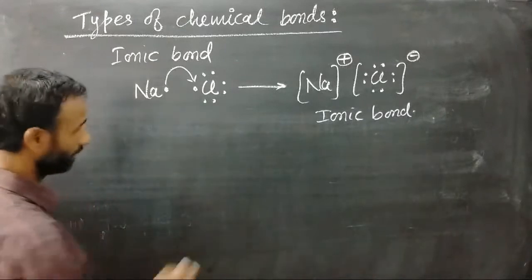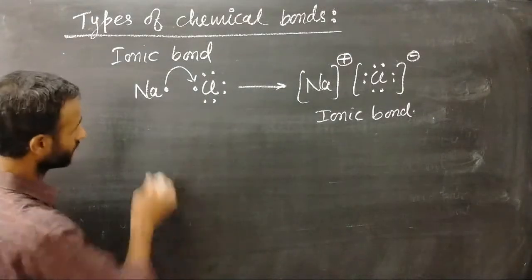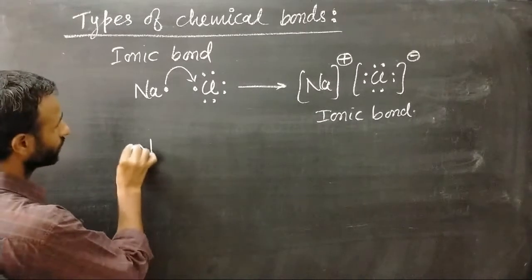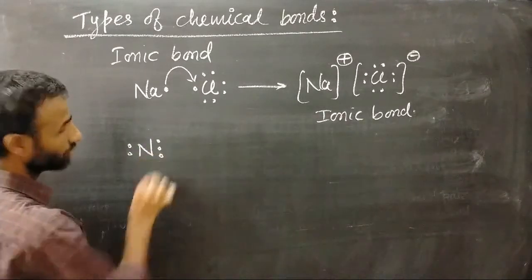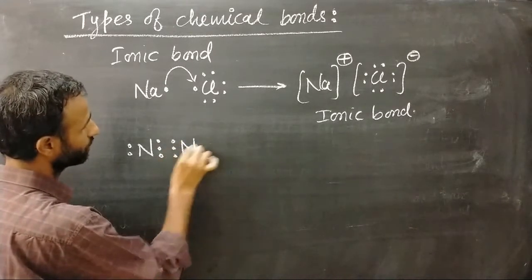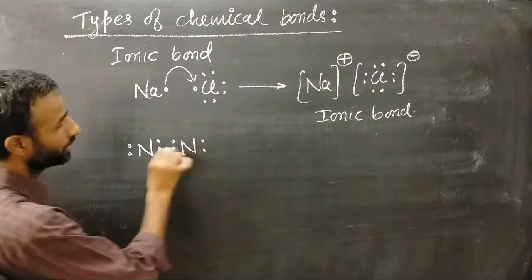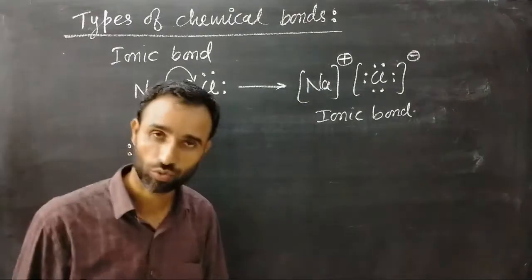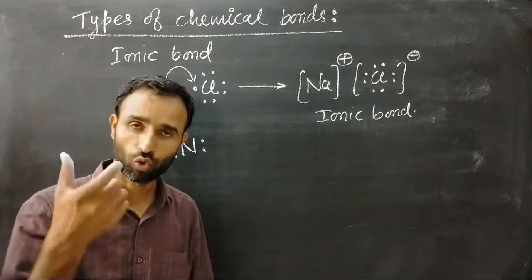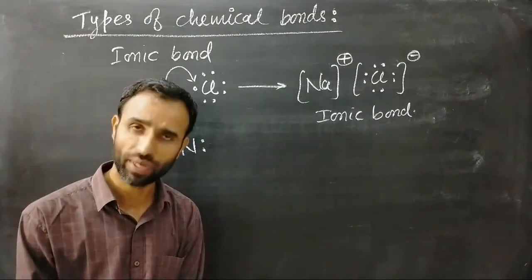Okay, second, let us take nitrogen. Nitrogen has 5 valence electrons. Other nitrogen also has 5 electrons. Both need 3 electrons to complete their octets. Actually, covalent bond is formed between non-metals.